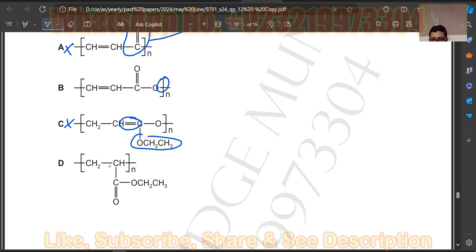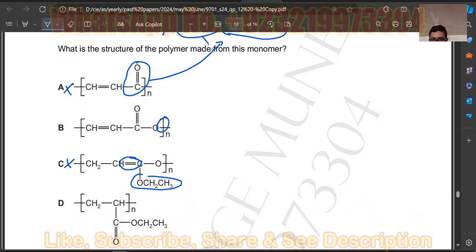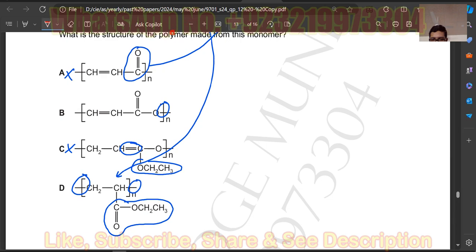And option D says the CH2 and CH2 are being added with each other. So yeah, that's the right option. CH2 will be added with each other, and you are looking at the continuing bonds on the side, and this is coming as a side group. So D is the right option.